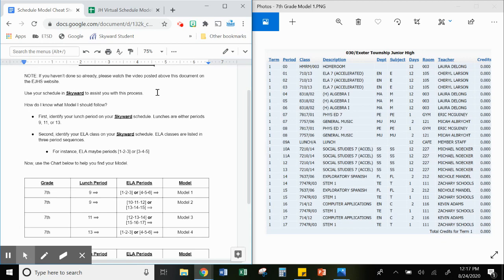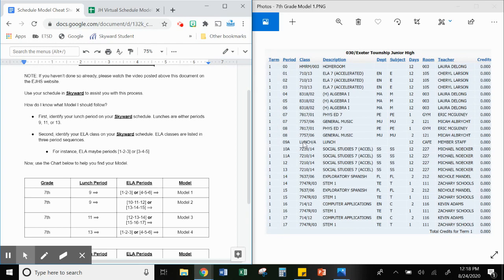So we have our Skyward schedule out. How do I know what model I should follow? The first thing you need to do, looking on your Skyward schedule, is figure out what your lunch period is. Remember, lunch will be period 9, period 11, or period 13.